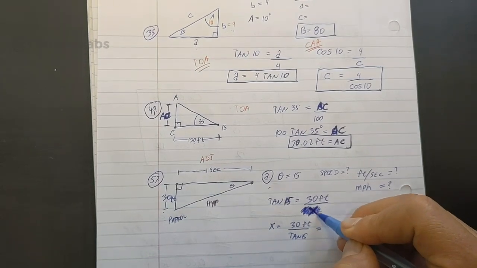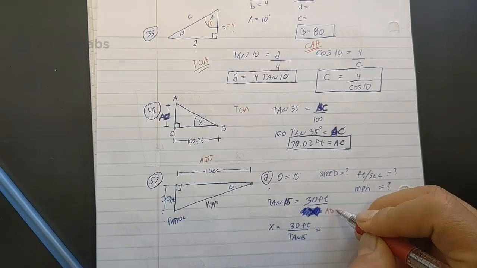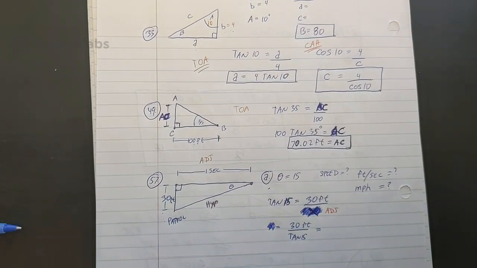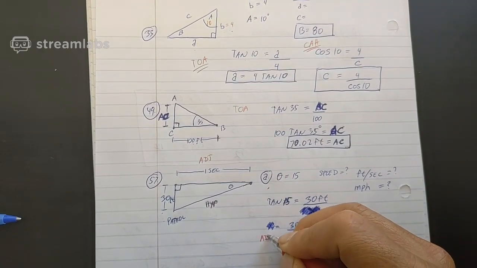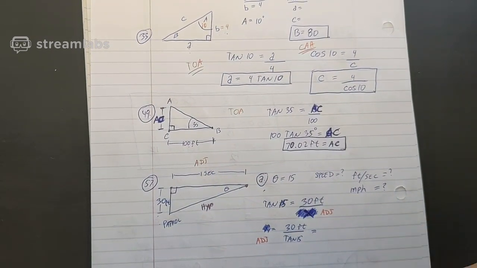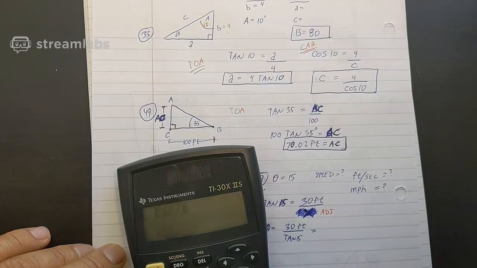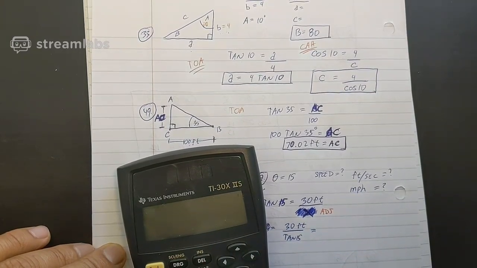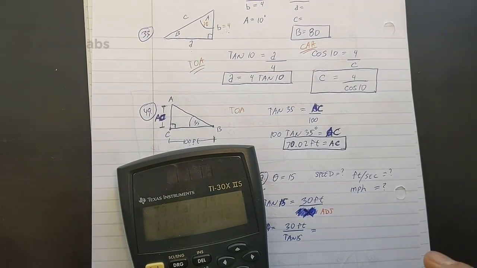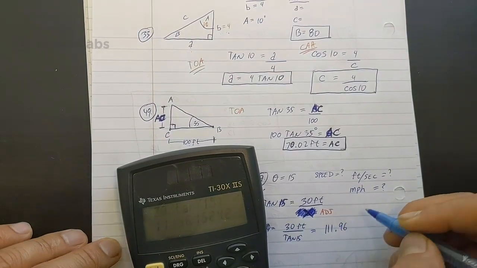Sorry, it is so messy. I don't have an eraser here. I'm going to call this adjacent. So the adjacent side is, how long is that? 30 divided by tangent 15, which is 111.96.